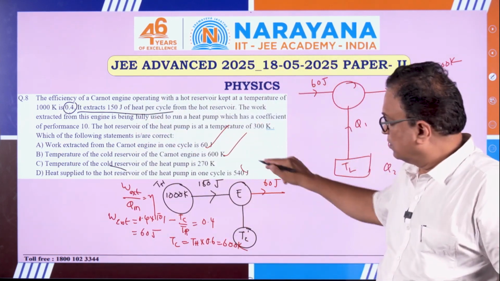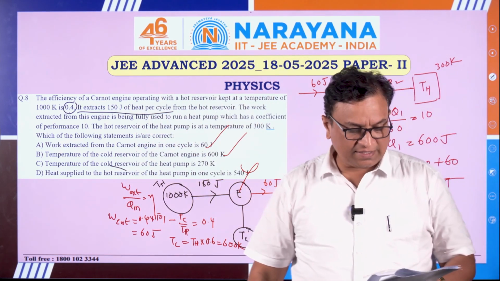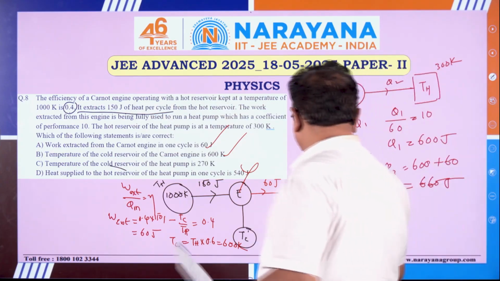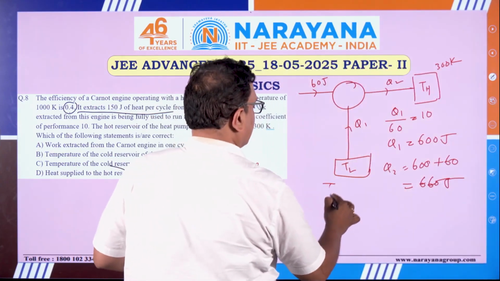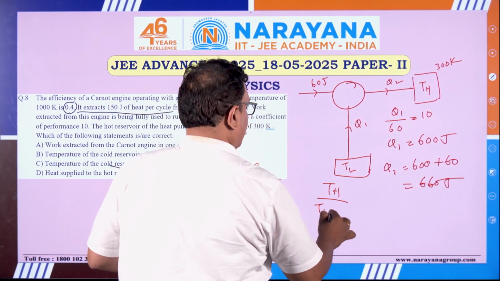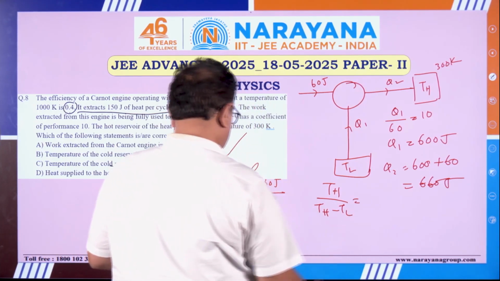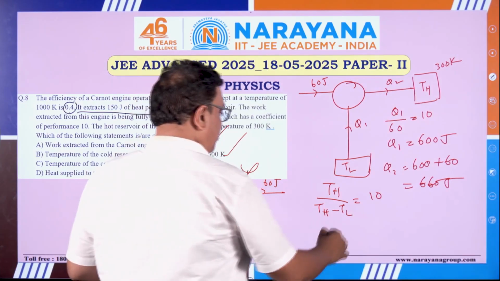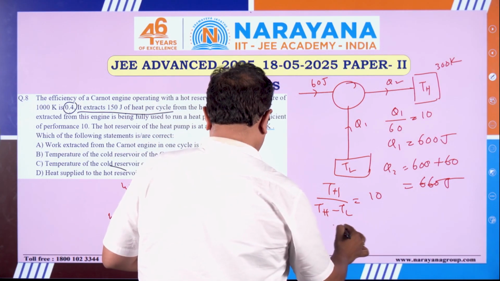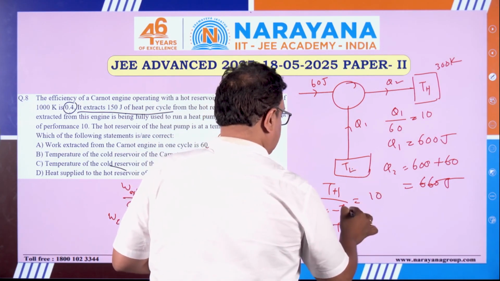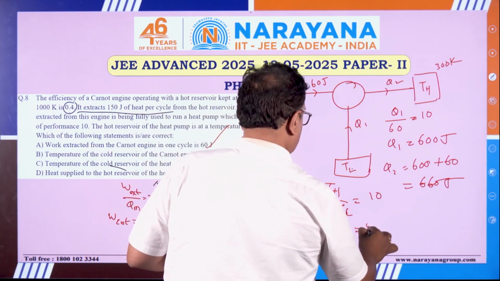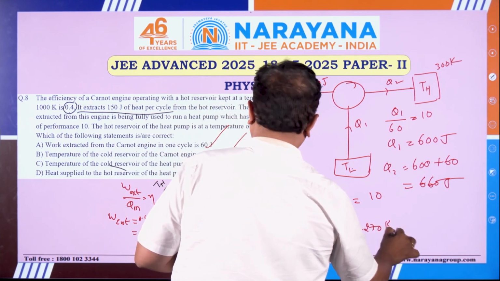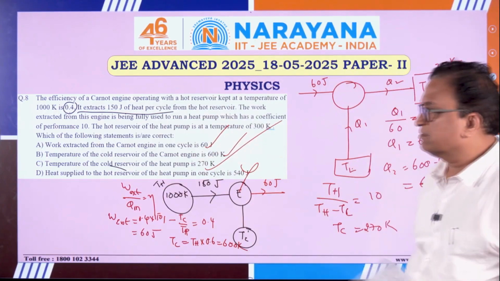Next, one more important definition of coefficient of performance is TH by TH minus TL, which is 10, that they have given, and you have given TH for me, which allows me to calculate TC as 270 Kelvin. So therefore this is correct.